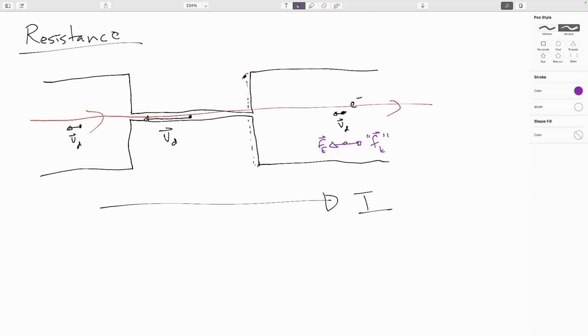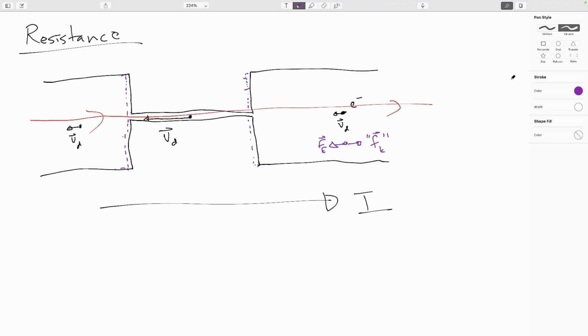This is because every electron is feeling a force to the left. The whole electron cloud shifts to the left a bit. Same deal over here. The whole electron cloud will shift to the left a bit, like that. So what that means over here is we'll have a buildup of excess electrons on this surface here.